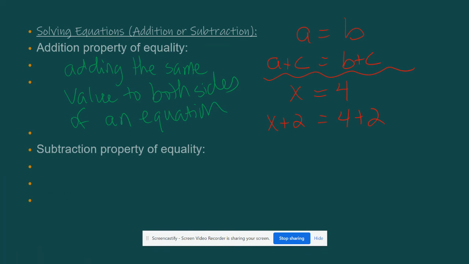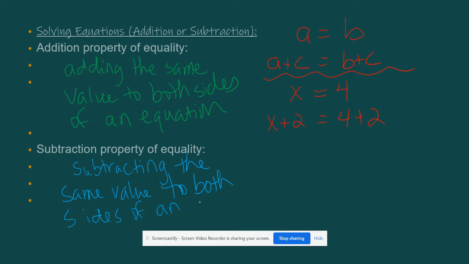Subtraction property of equality is the same thing, only we're subtracting instead of adding. So subtracting the same value from both sides of the equation.